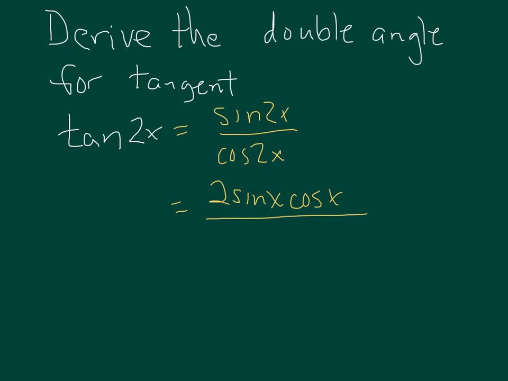Cosine 2x. Now, there's no right identity to use. We can probably get there using any of the 3 for cosine, but the one I'm going to use is the first one, cosine squared x minus sine squared x.